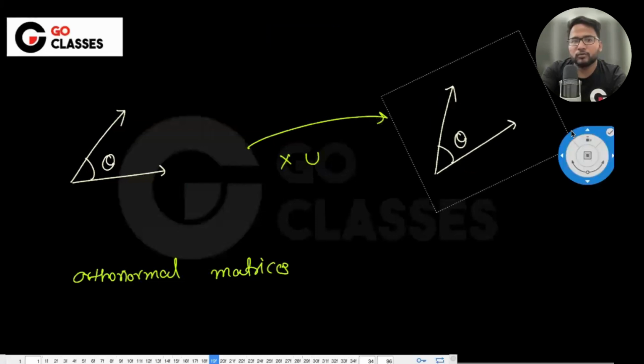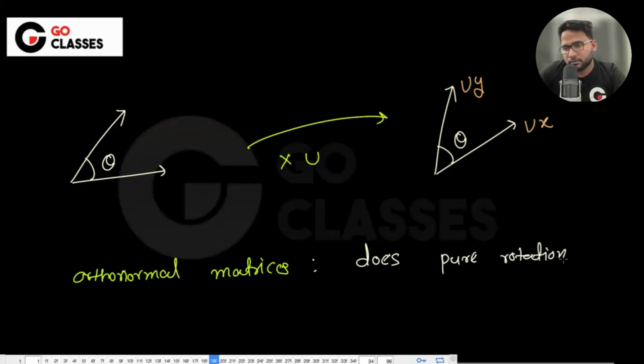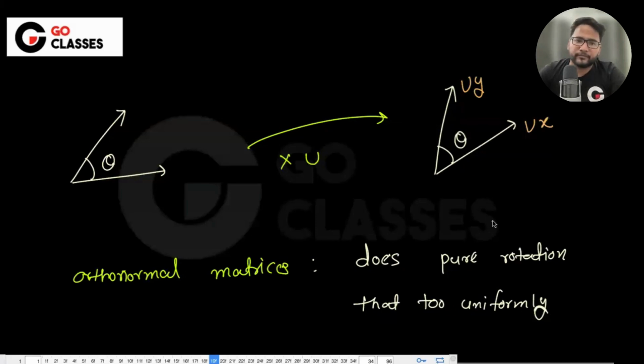If you multiply by u, then you might be getting something like this. So what is this? This is ux, let me represent it by u. This is uy. So orthonormal matrices do pure rotation, that too uniformly, right? It doesn't change the length, and also doesn't change the angle.